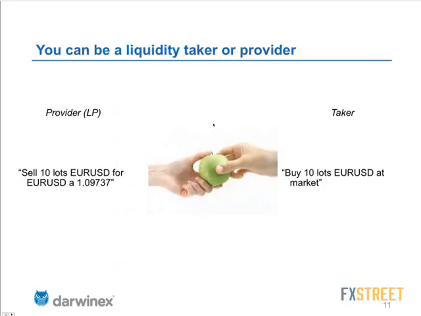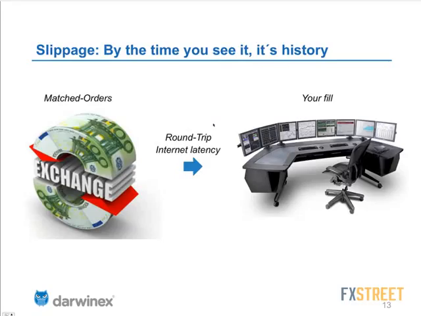The other part is, of course, that by the time you see that information, it's already 1 to 2/10 of a second late. And if you react to that information once it reaches your MT4 terminal and you get back to the market, you could be hitting the market as a liquidity taker 3 to 4/10 of a second after you've seen the price on which you chose to trade, which means, as I said, that slippage is going to be part of the whole thing.